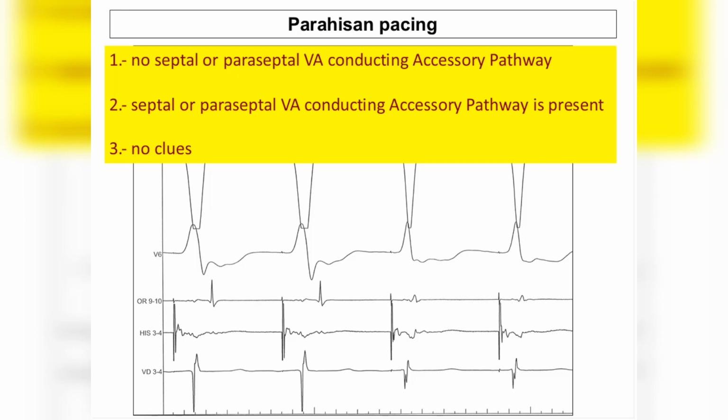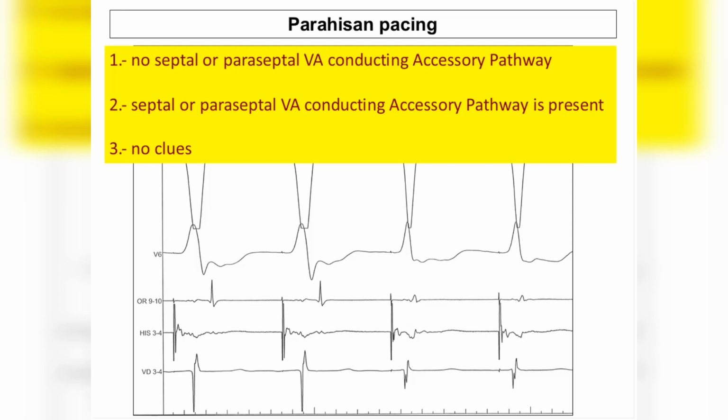I will use this time in the meanwhile to make an easy comment. It's very nice to see how, when you increase the output, the width of the QRS gets narrower. So this is the clue that you are capturing the His bundle. But if you look at the right ventricle electrogram, you can see also how the interval between the stimulus and the right ventricle electrogram also dramatically shortens.